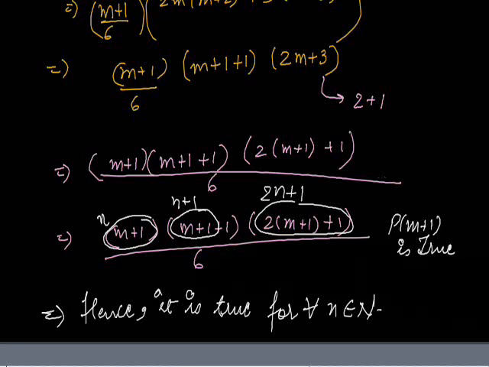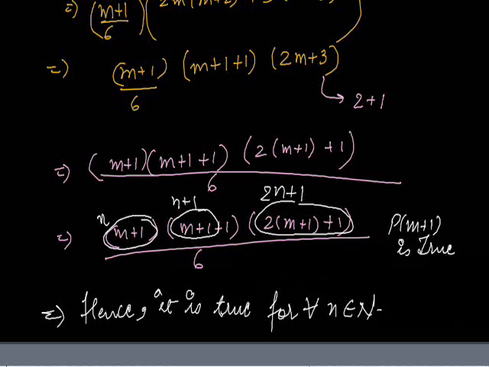So that is all we have in this particular chapter, mathematical induction, where we are trying to use inductive theory. We are starting from some specific values, and using those specific values we are trying to generalize things.